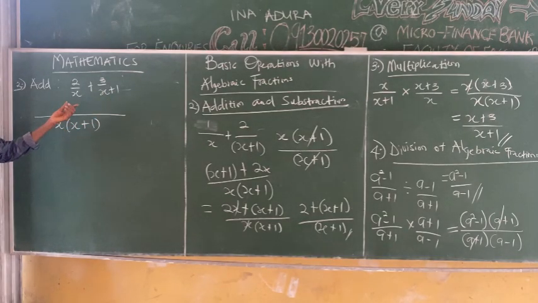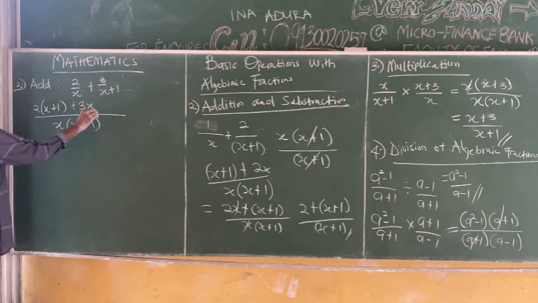Now you say x divided by this, you have x plus 1. x plus 1 times 2, you have 2 into x plus 1. The same thing happens here. This will cancel this. You're left with x. x times 3, you have plus 3x.